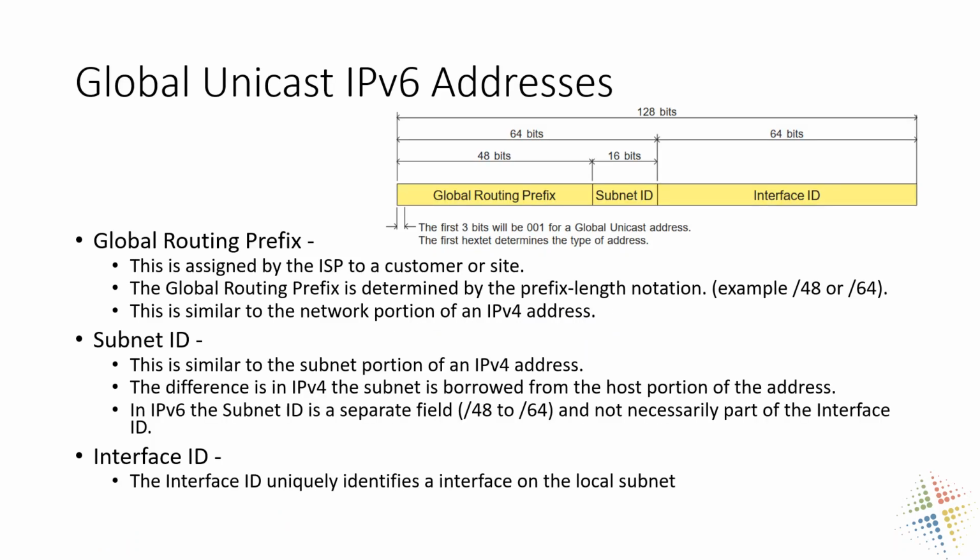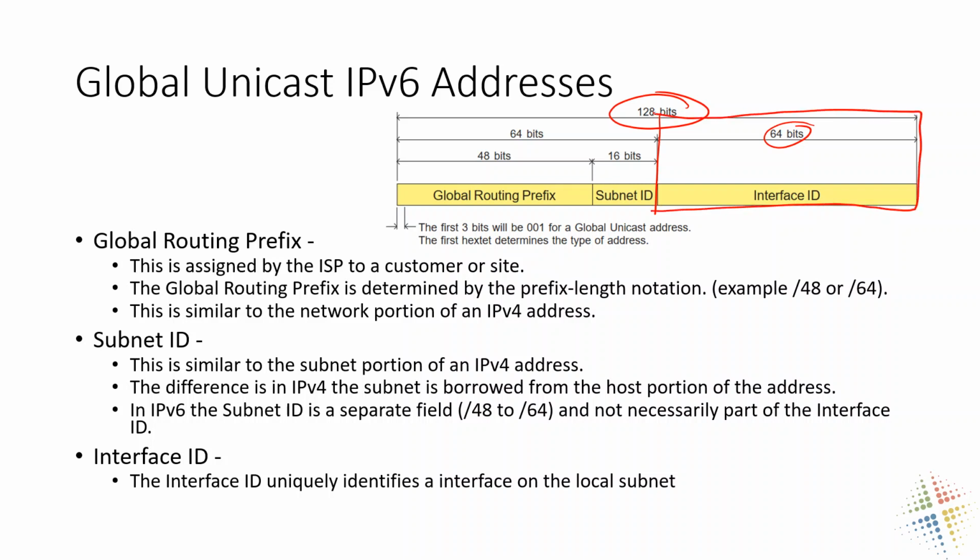Before we get started, a little more detail about how an IPv6 address is actually broken apart. An IPv6 address is in fact 128 bits in length, so 128 ones and zeros make up the address. The last 64 bits is what's called the interface ID.